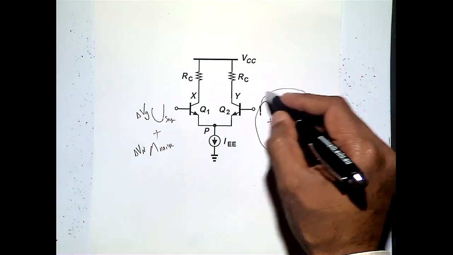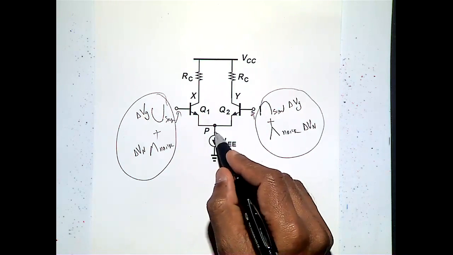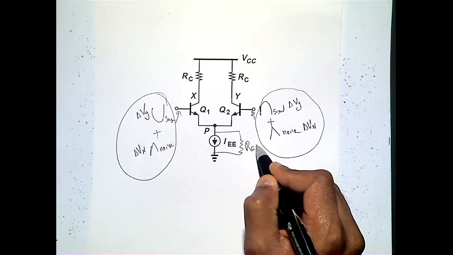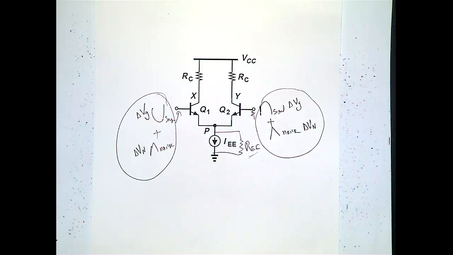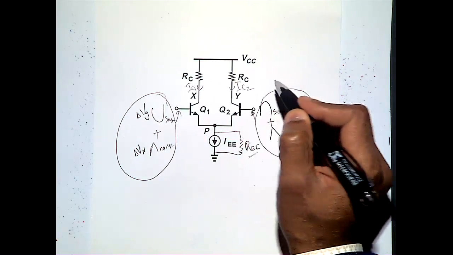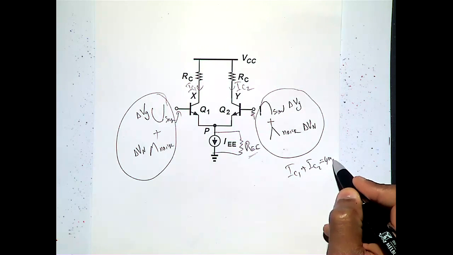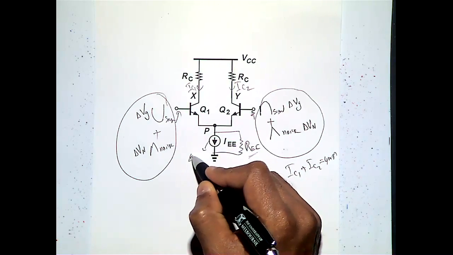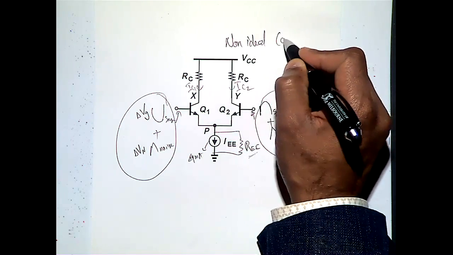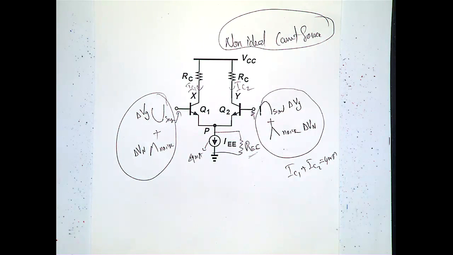And then these are the inputs that are going here and then here. Then if you got a resistor here, that is, your current source is no more ideal, the impedance equal to RW. In that case your initial current is IC1, initial current is IC2, and then IC1 plus IC2 is equal to 4 milliamps. We set this as 4 milliamps. So a non-ideal current source. So when you have a non-ideal current source, now the problem starts.